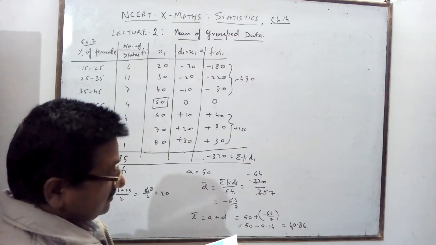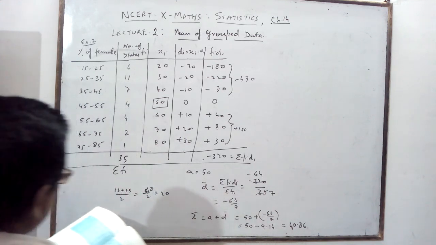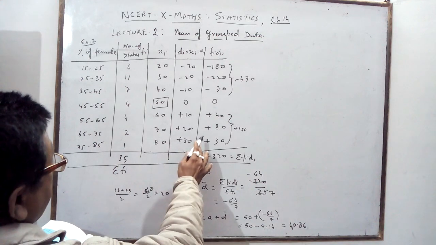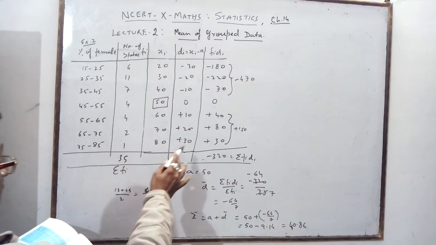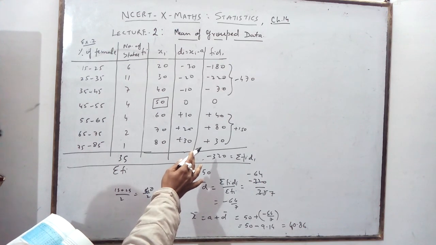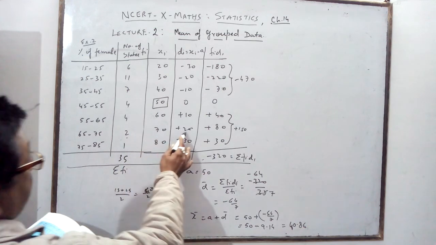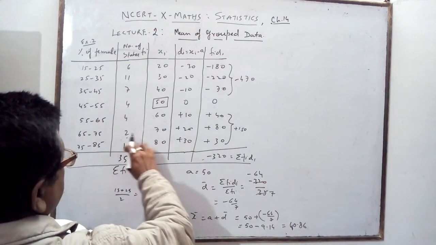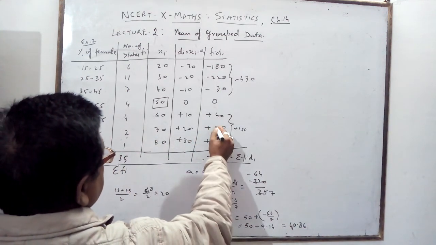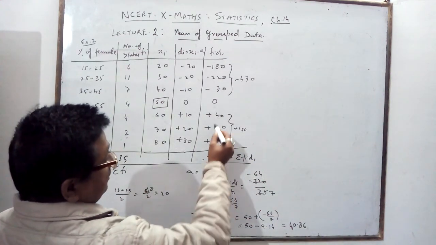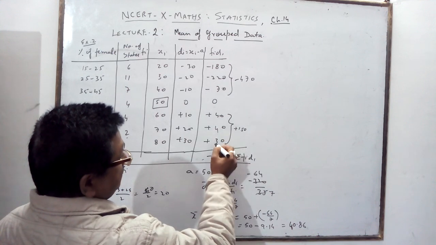One thing I have written wrong here. Some calculation mistakes you will get here. 4 plus 4 is 8, plus 3 is 11.